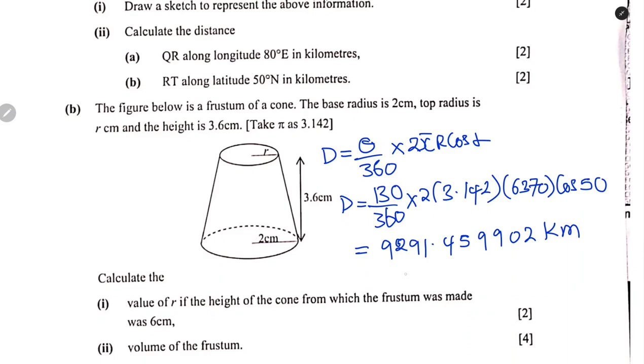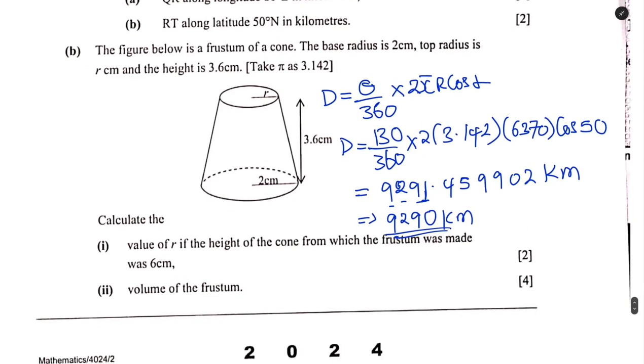Remember, 3 significant figures. So 1, 2, 3. So it's going to be 9290 kilometer, since this one is less than 5. Please be able to confirm these numbers as you go through the recording. I hope you'll also punch as you follow the video.